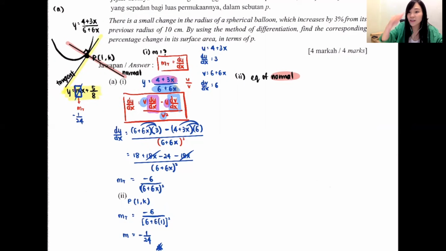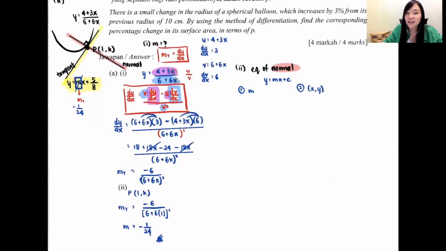Quite easy. Whenever you want to find a straight line equation, it is always y equals mx plus c. Just make sure you have two pieces of information: one is the gradient, another is a coordinate. Don't tell me, teacher, just now you already got negative 1 over 24. Yes, negative 1 over 24 is for the tangent. Now I want to find the normal. Tangent and normal are at 90 degrees.